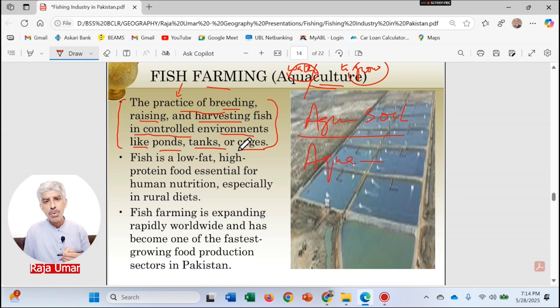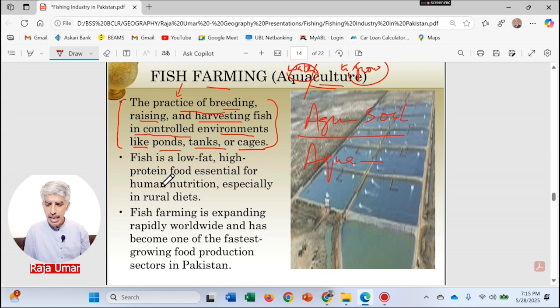When they are grown enough, they are taken out, which we call the harvest. They are caught from those ponds and river streams, or from those cages, and then they are weighed and supplied to the market to sell and to earn profit. Then further it goes to the export market, and Pakistan earns foreign exchange from that fish.